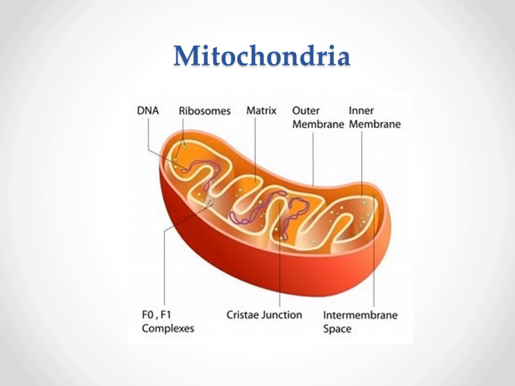With the help of enzymes, mitochondria oxidize carbohydrates and fats in the cell. The energy released in this process is stored in the mitochondria in the form of ATP, that is adenosine triphosphate. Plant cells have less mitochondria than animal cells.